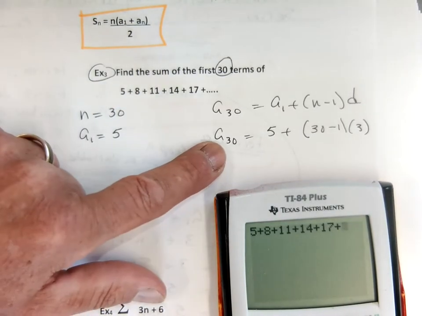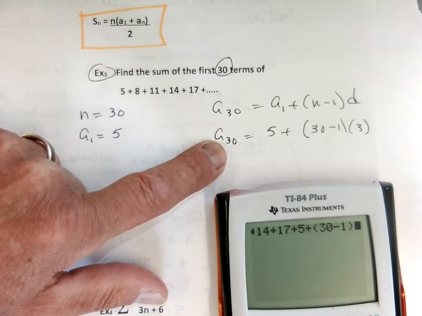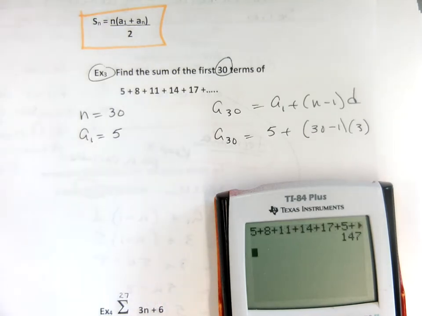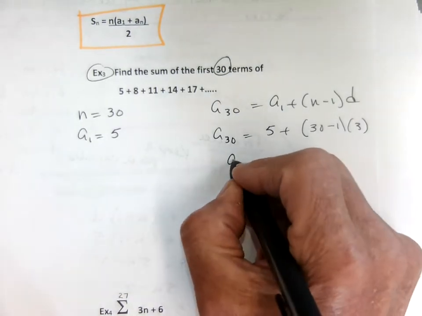So if I go 5 plus 30 subtract 1 times 3, I get an answer of 147. Oh, no, I don't, because I had the other stuff, thank you. Oh, man, something's not right there. Times 3. How about 92? There you go. So A of 30 is 92.